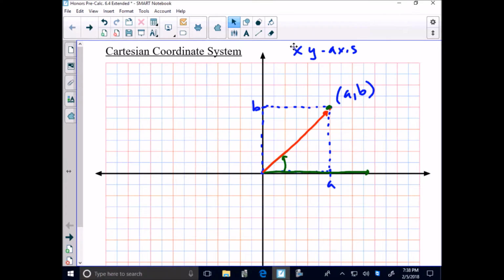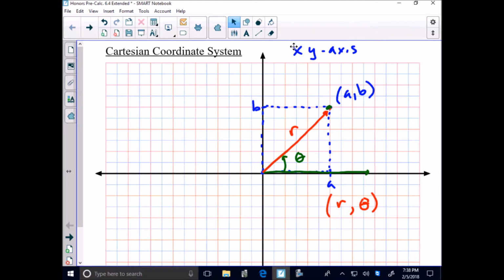We call, of course, that rotation some angle theta, and we're saying that the direct distance is going to be a length which we define as r. And the polar coordinates are going to be r theta.